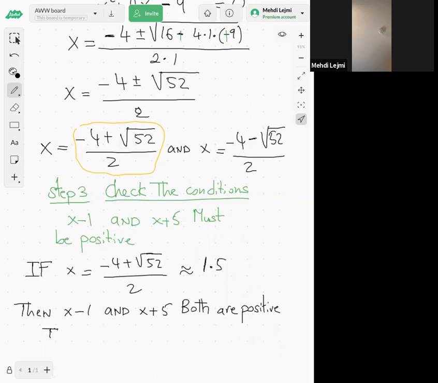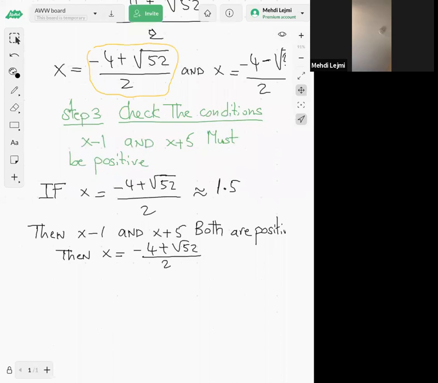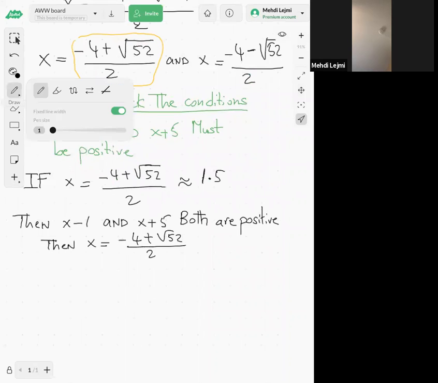This negative 4 plus square root of 52 over 2 is a solution.